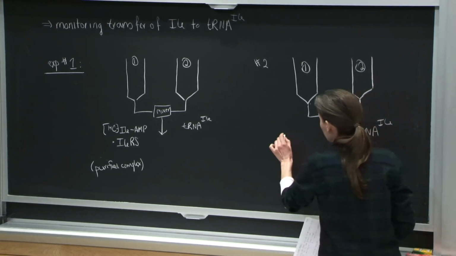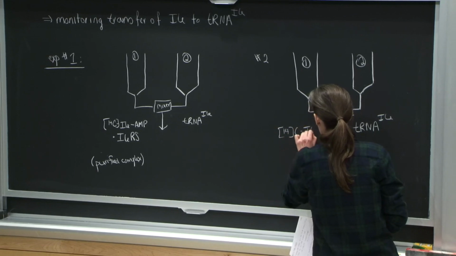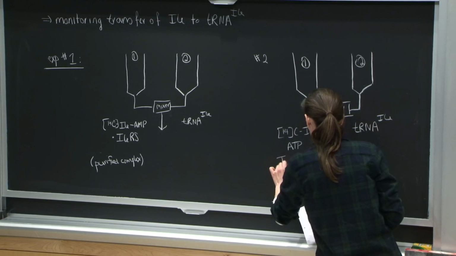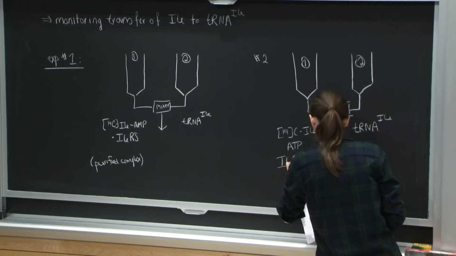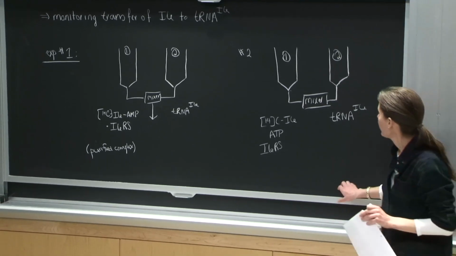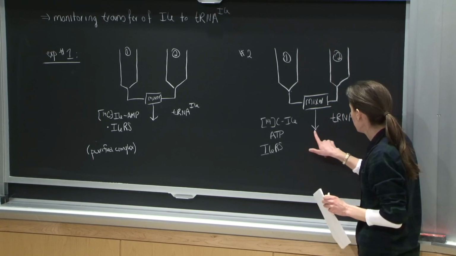Okay, and in syringe 1, what will be combined are the components here. Okay. So then the question is, in each case, what do we see?